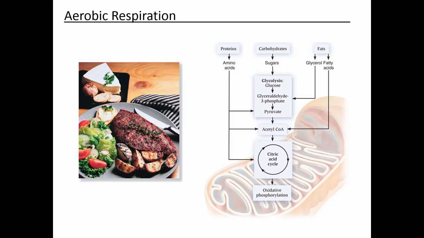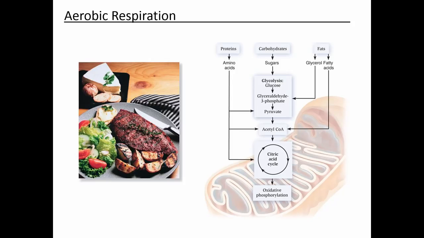Okay, so first thing I'm going to do is talk about where each of these things take place. So glycolysis happens in the cytosol. Pyruvate oxidation happens in the matrix, and that's specifically the mitochondrial matrix. And then the Krebs cycle also happens in the matrix.